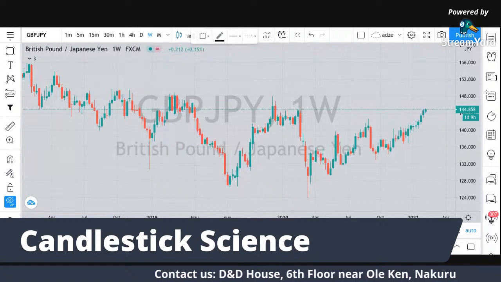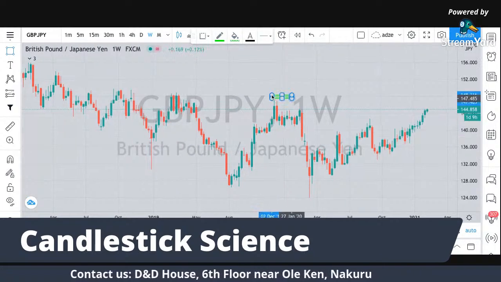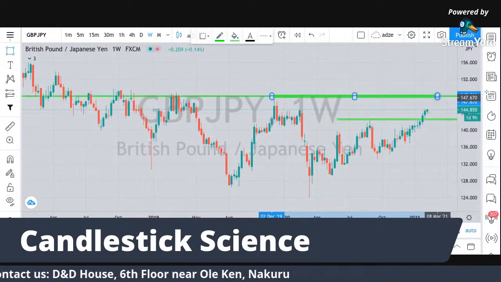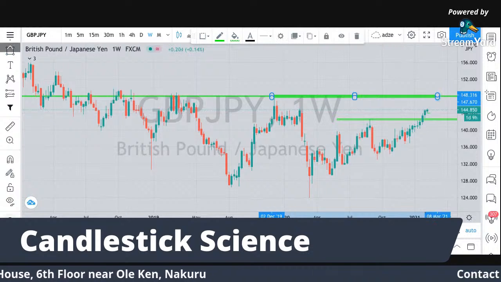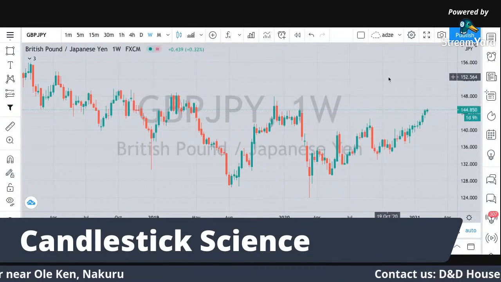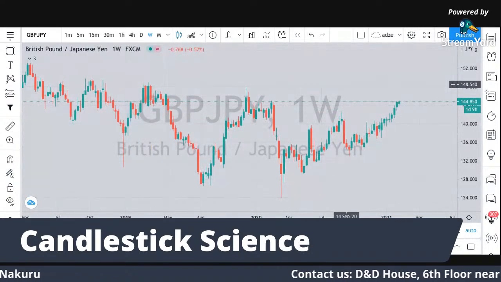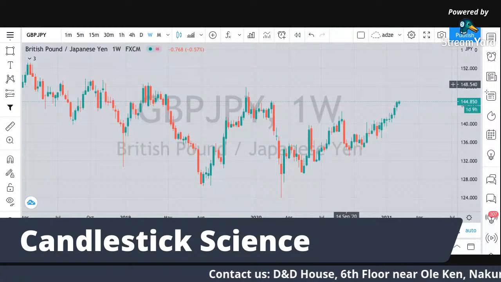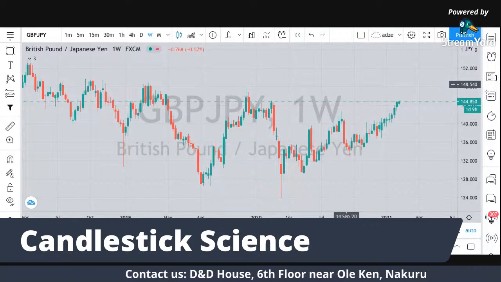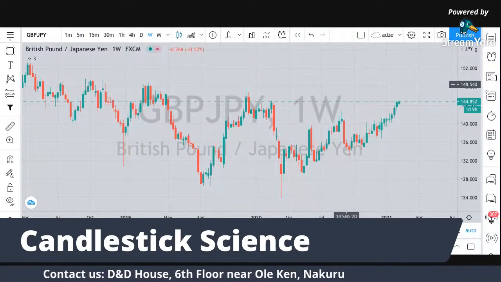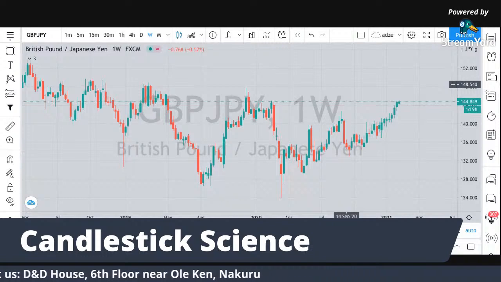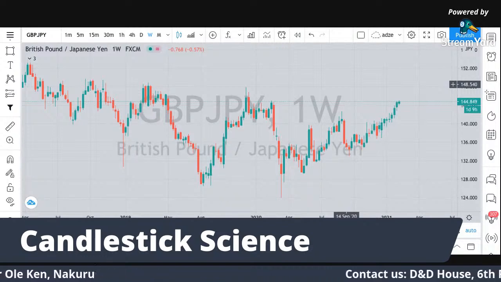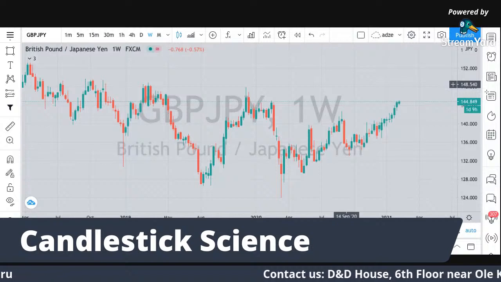Bado so far iko still kwa resistance fulani ya around 146.634. Jana ilifika 146. Yeah, if you look pia hapa, February hapo kumekuwa na some resistance before iende down, alafu ikaja sasa kwa hiyo rise.